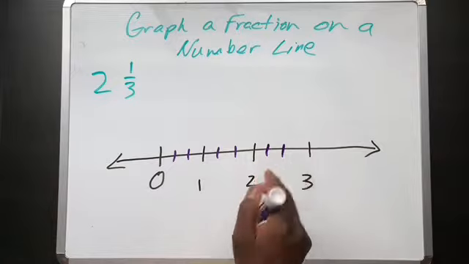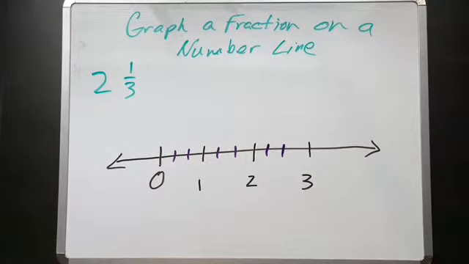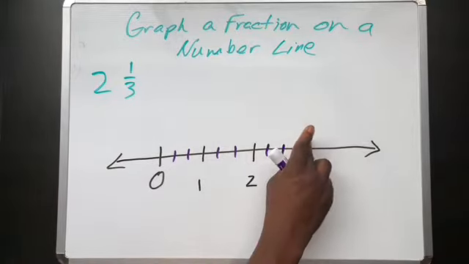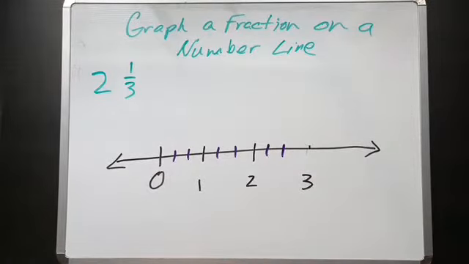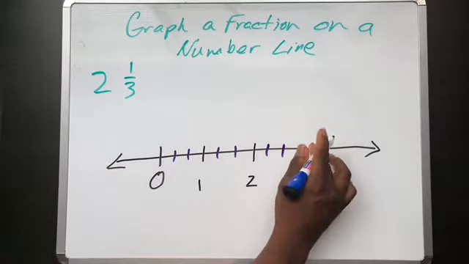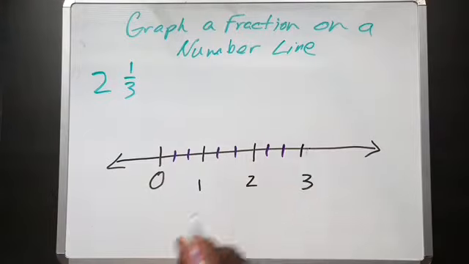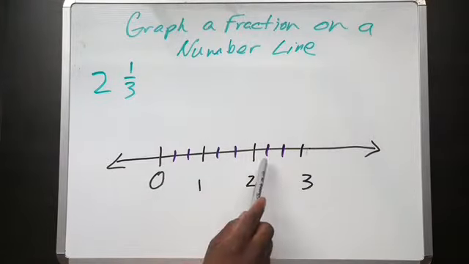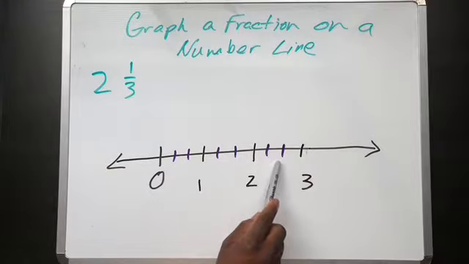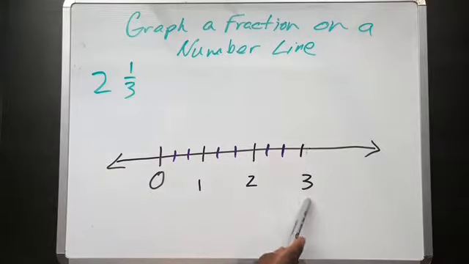It's not equally spaced, but I think you get the point there. I can just bring that over some. So we have 2 1/3, 2 2/3, 2 3/3, which is 3.